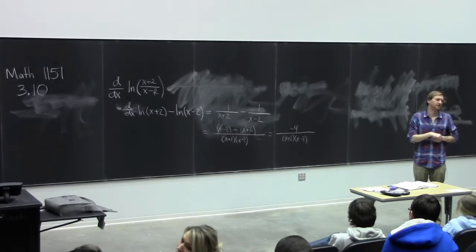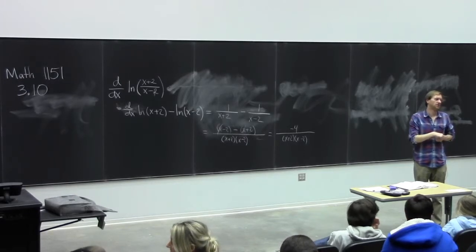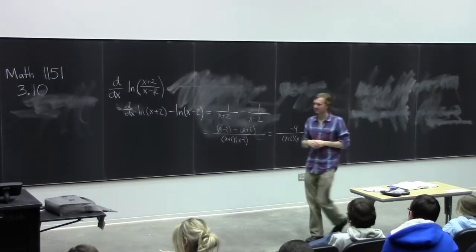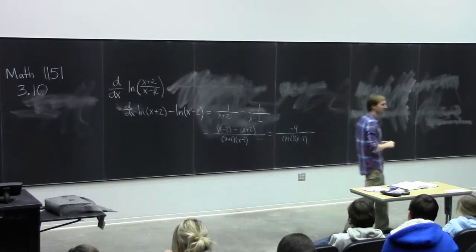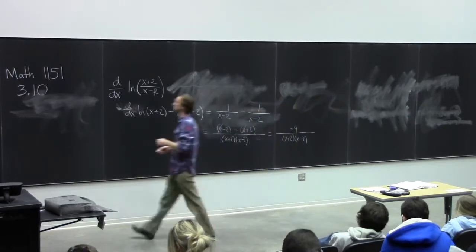All right. Yeah? I have a question from the next lab. Which one? Inverse cotangent. What's the derivative of inverse cotangent? Negative 1 over 1 plus x squared.